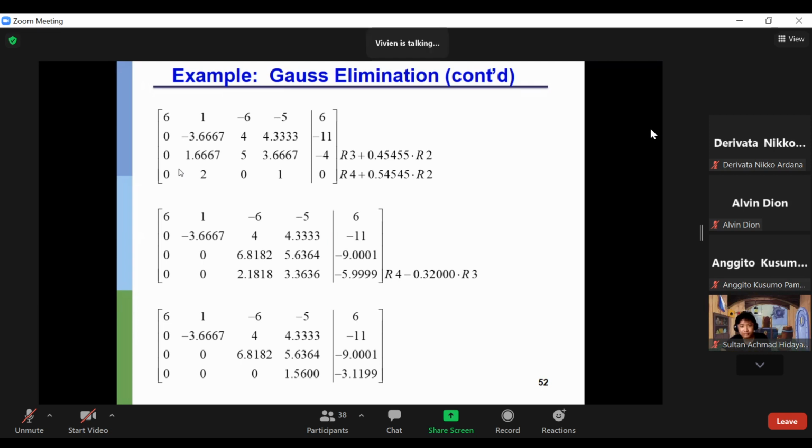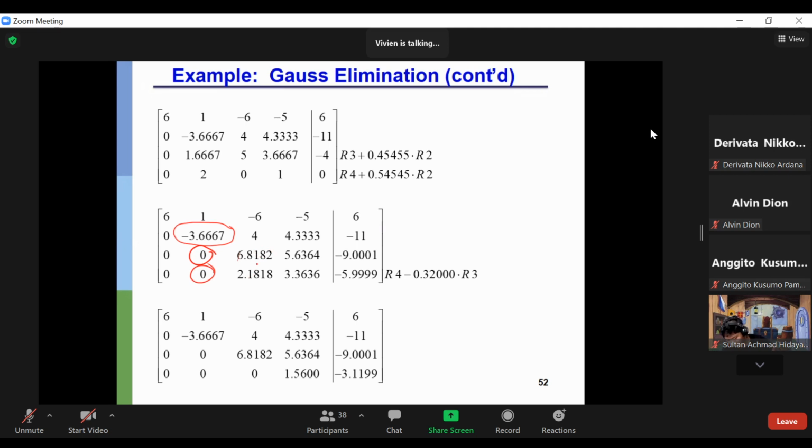Now we will return to Gaussian elimination, in which we now have zero below the second pivot. Now, when we finish that, we continue to the third column, and then we search for the maximum value again.